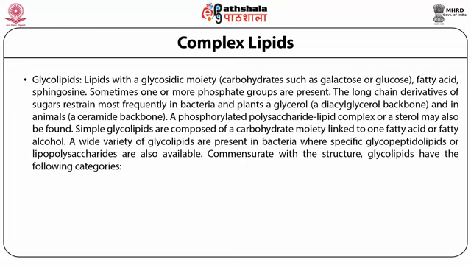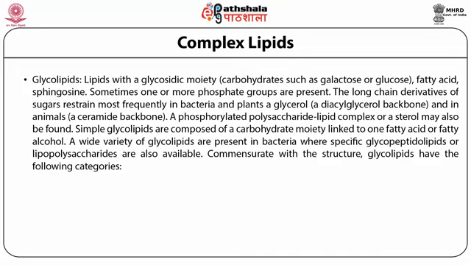present in glycolipids. The long-chain derivatives of sugars occur most frequently in bacteria and plants with a glycerol, which is a diacylglycerol backbone, and in animals with a ceramide backbone. A phosphorylated polysaccharide lipid complex or a sterol may also be found.